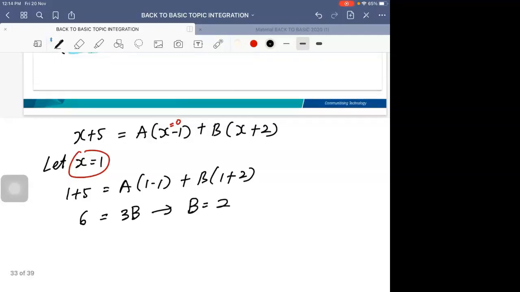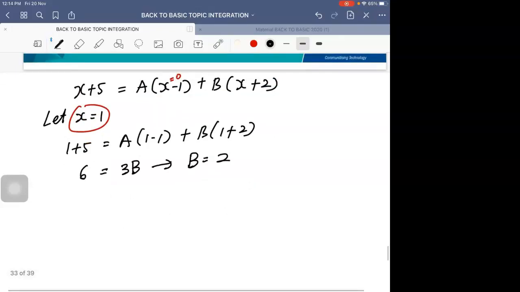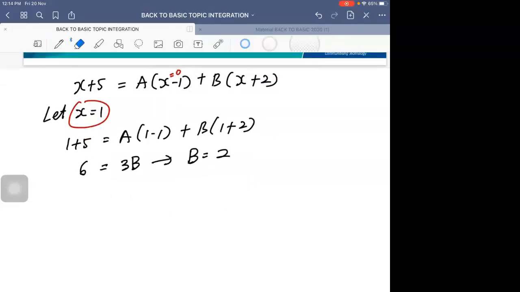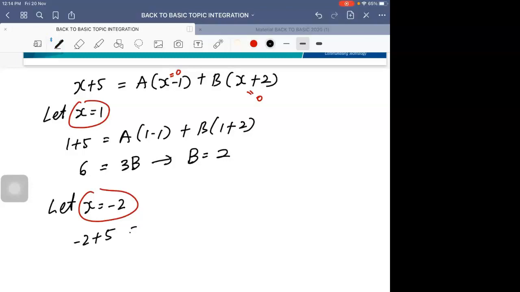Another one, I let x equal to negative 2, so that I can make this term 0 and eliminate b. I only have a. So what I should have here is negative 2 plus 5 equal to a times negative 2 minus 1, and then plus b times negative 2 plus 2.